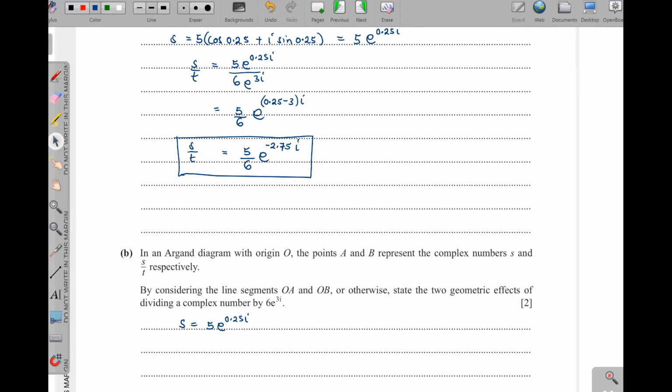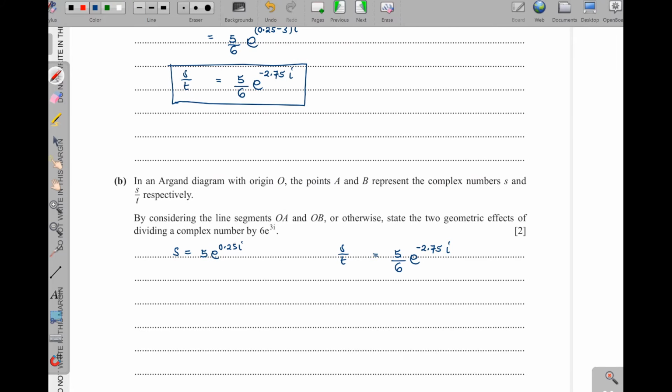Then we also have s over t from here, which is equal to this one here. So this one is point A, and this one is point B. Now, after dividing, they are saying by considering this, state the two geometric effects.